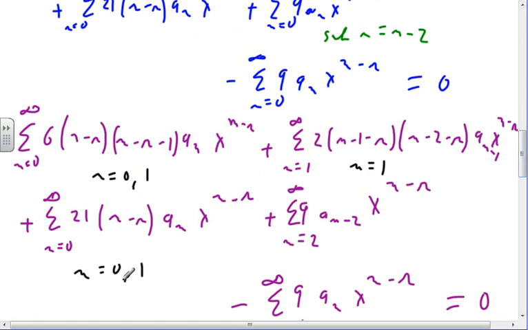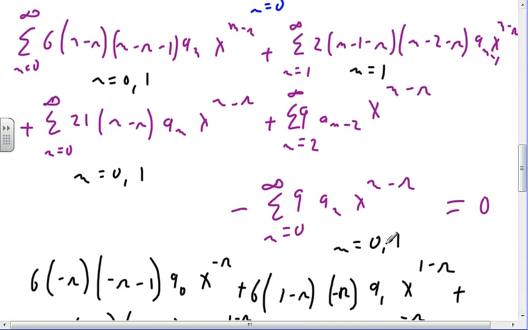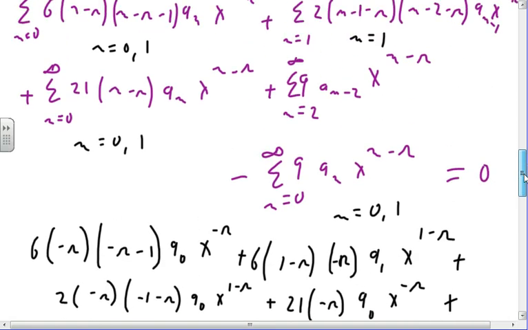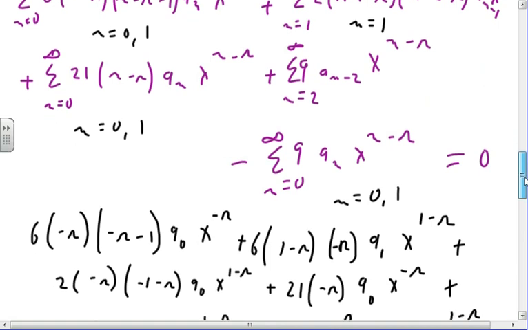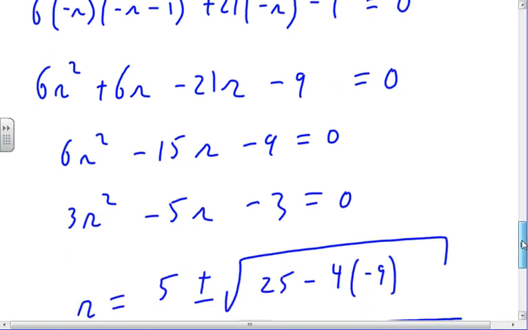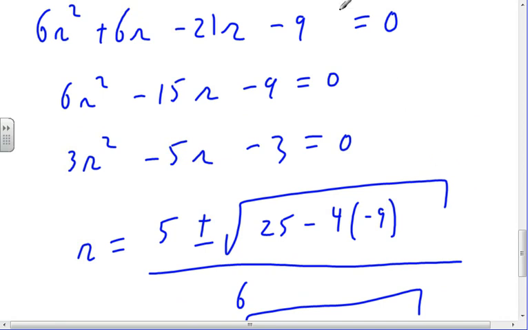n is equal to 0, n is equal to 0, n is equal to 0. So those are the only guys that are going to be there. 6r, 21 minus r, and a minus 9. r squared, 6r minus 21 minus 9, 615.